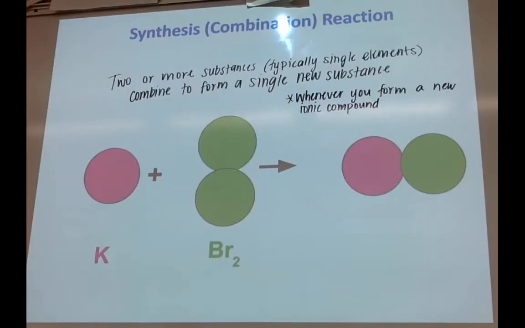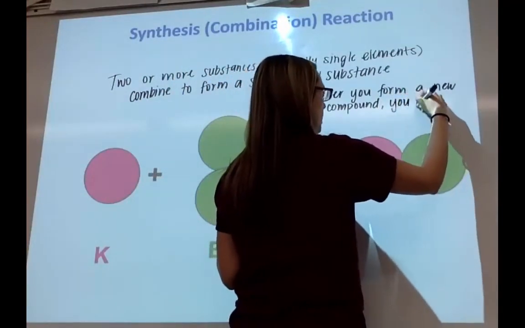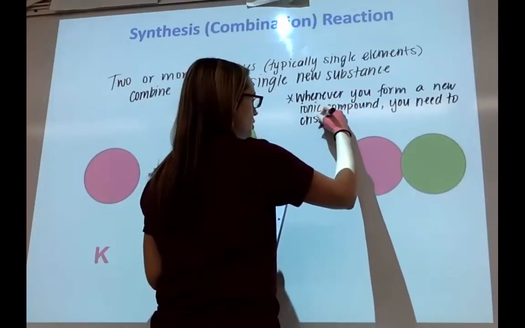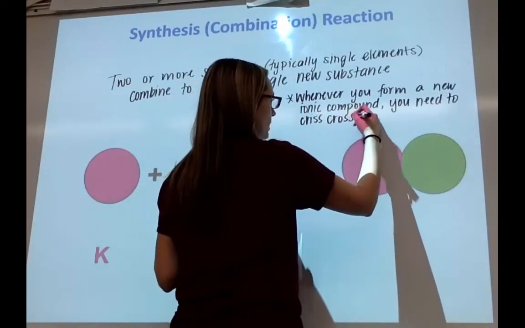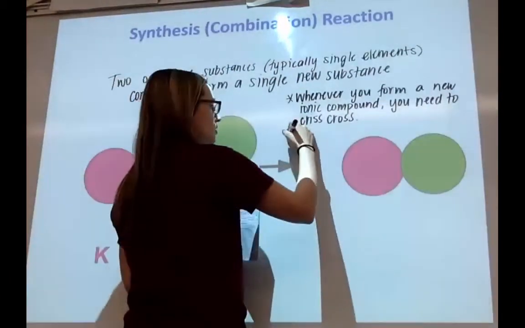All right, everything is continuing to build as we get into chemical reactions. When you form a new ionic compound, don't forget to crisscross. So that's why I said your periodic table will be useful because that should have your charges at the top. So also take into account charges.